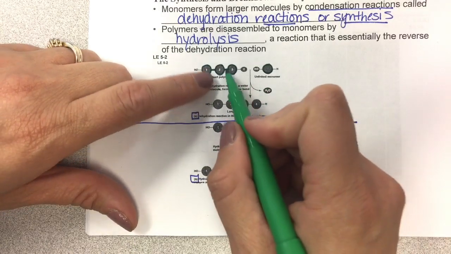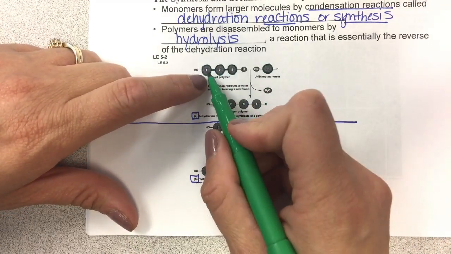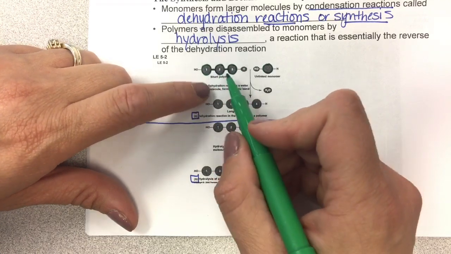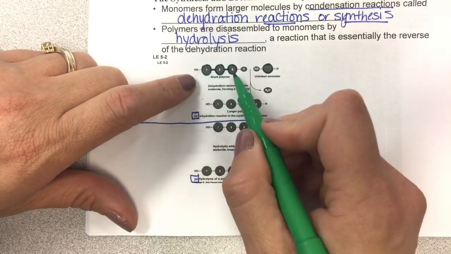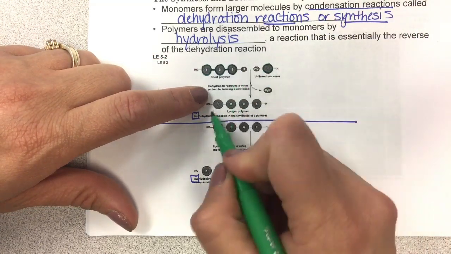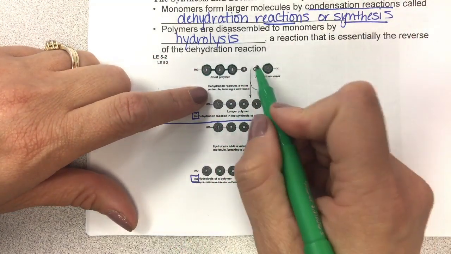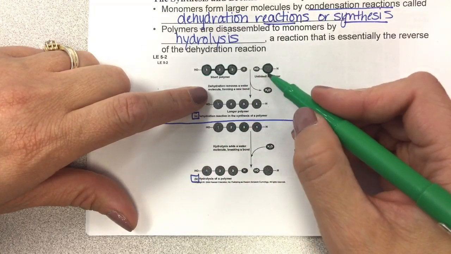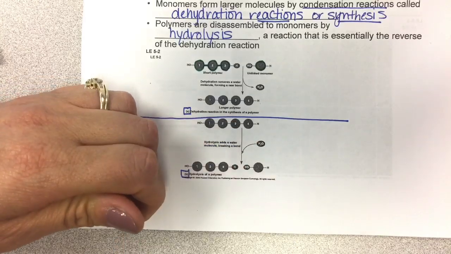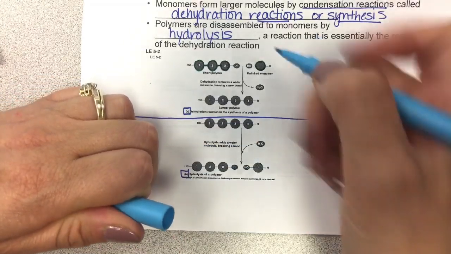Notice this is just a generic picture, so it's not showing you the chemical structure of these monomers, but it is showing you some atoms hanging off of here that are important in the bonding of the new monomer to make your longer polymer. And that is the H's and the OH's. Let's use a lighter blue for water.